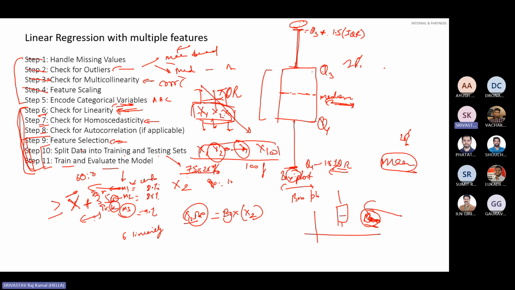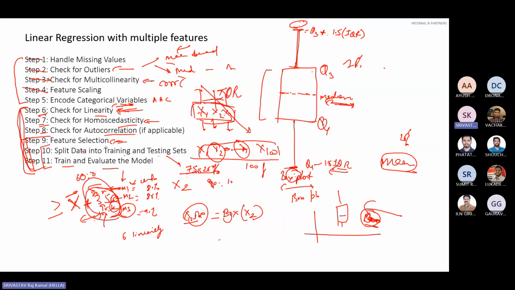Later you will see this is a very basic way of doing that. But after a few years, a lot of very advanced ways have come up in which we train the models. We will see different techniques in terms of data splitting. Coming to homoscedasticity, autocorrelation, linearity, we'll see later.